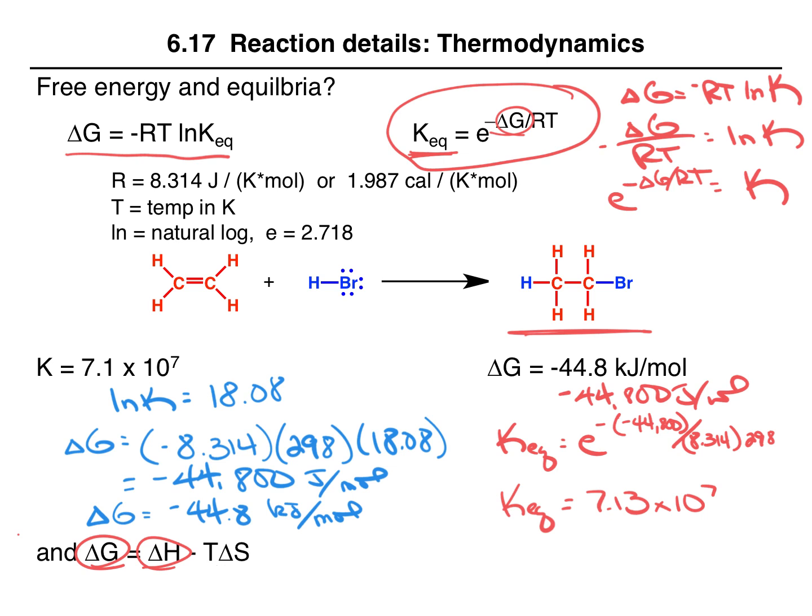There's a lot that can be done mathematically to figure out the details of any particular reaction. I forgot, we could also use the bond dissociation energies to calculate the delta H, which could then be used to calculate the delta G, which could then be used to determine the equilibrium constant, which could be used to determine the position of equilibrium. How much of our reactants versus products do we have at equilibrium?